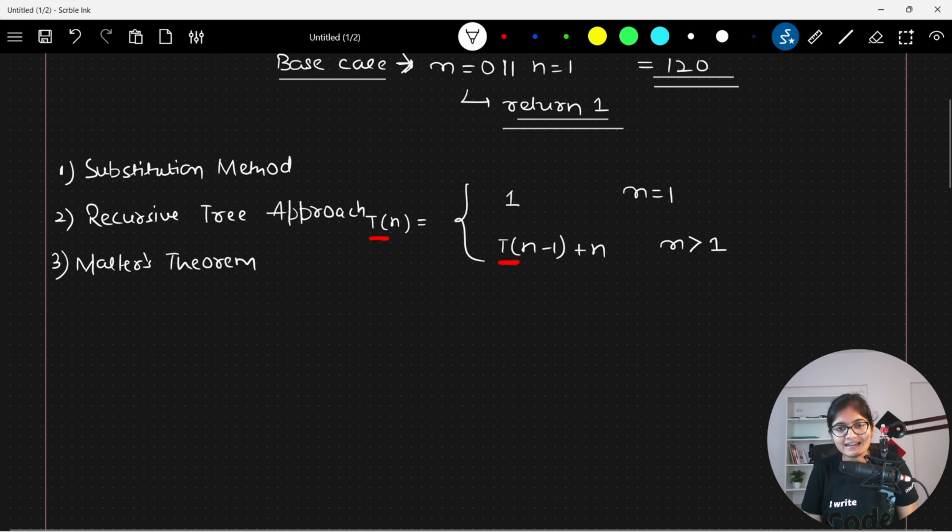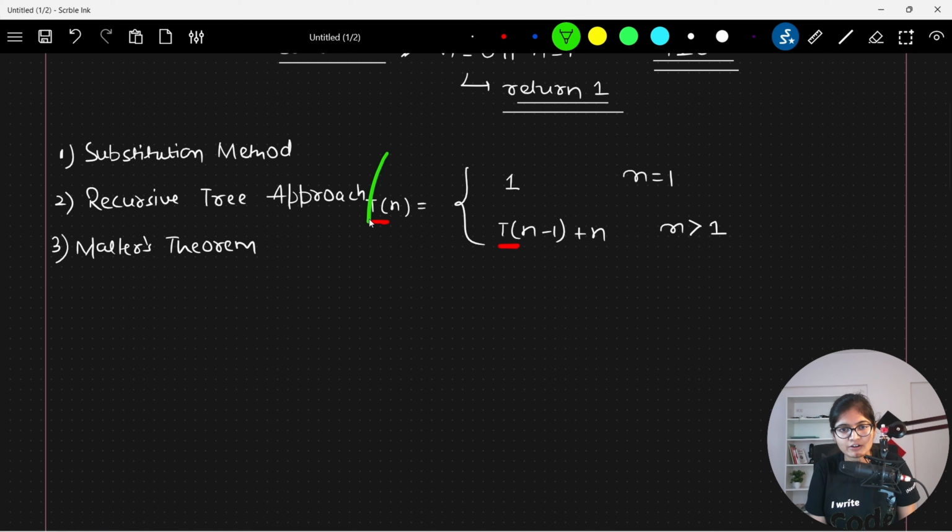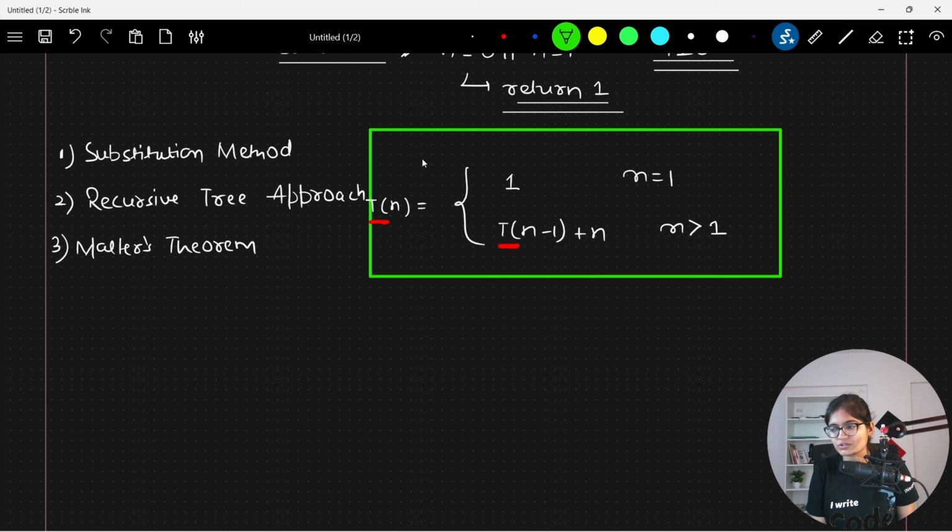Now the question is: given this kind of recurrence relation, which is given to you, what is our objective? How it is formed, we will discuss, don't worry.